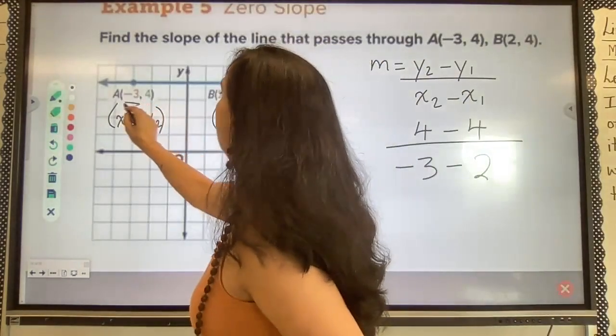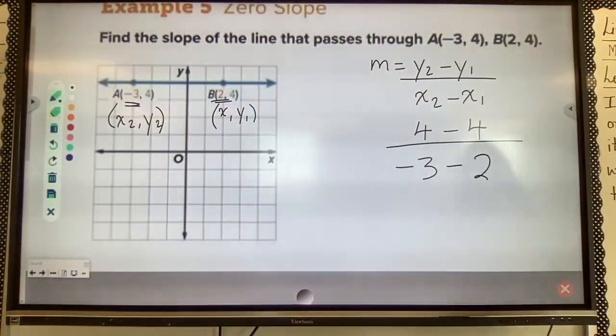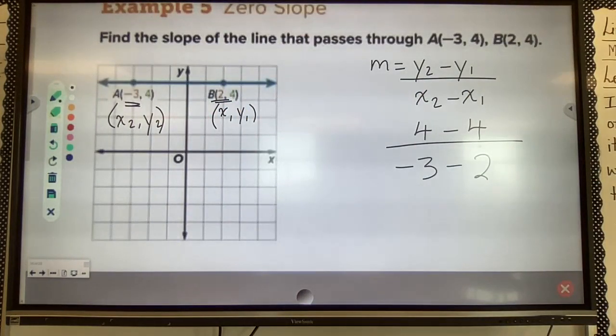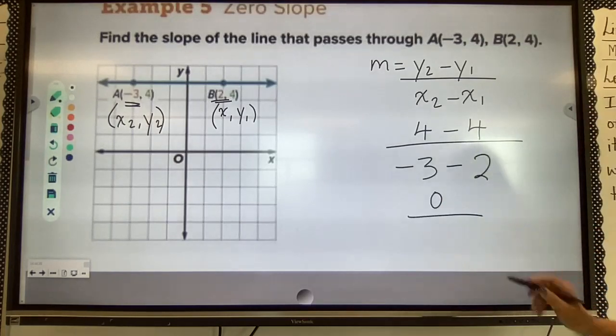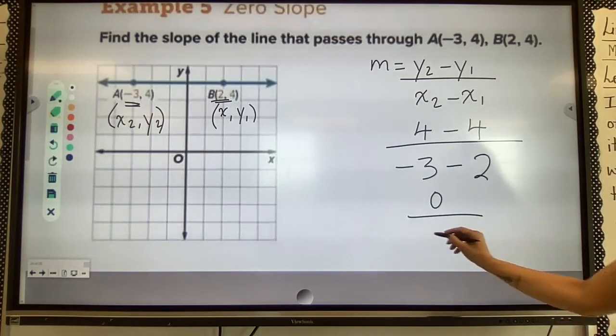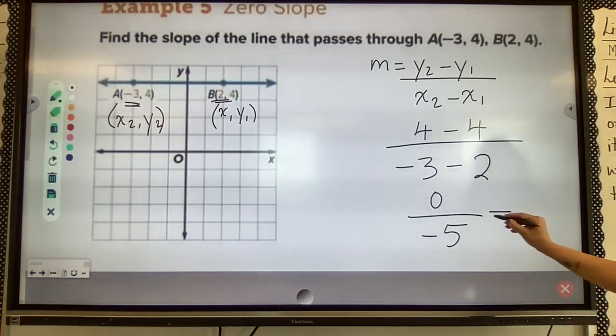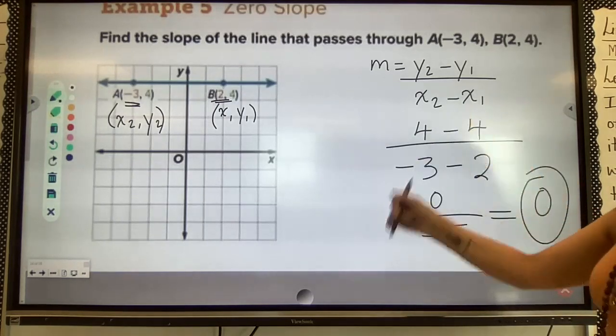So what do I get? 4 minus 4 is going to be 0. Negative 3 minus 2 is negative 5. If I simplify, I get 0. Okay, and so the slope of the line is 0.